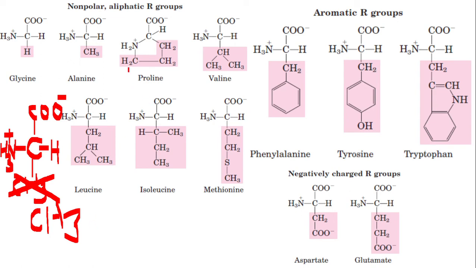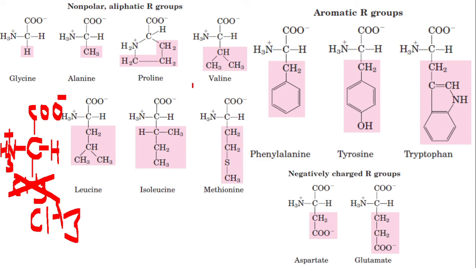This is the R group of proline. It consists of CH2, CH2, CH2, and the R group is forming a cyclic structure with this amino group. You see, hydrogen is there, carboxyl group is there, amino group is there. And here we have the R group. But that R group is bonded back to the nitrogen atom of the amino group. So this is proline, non-polar and aliphatic in nature.